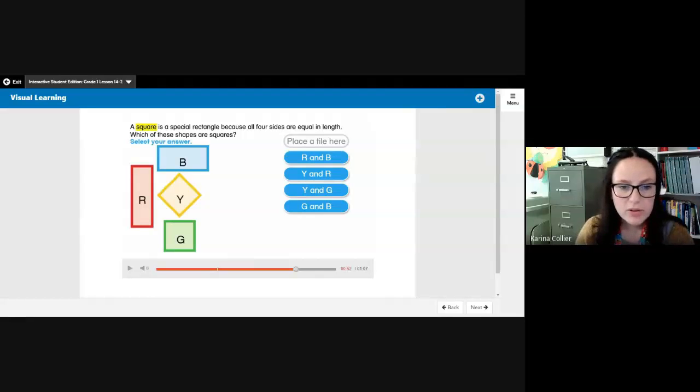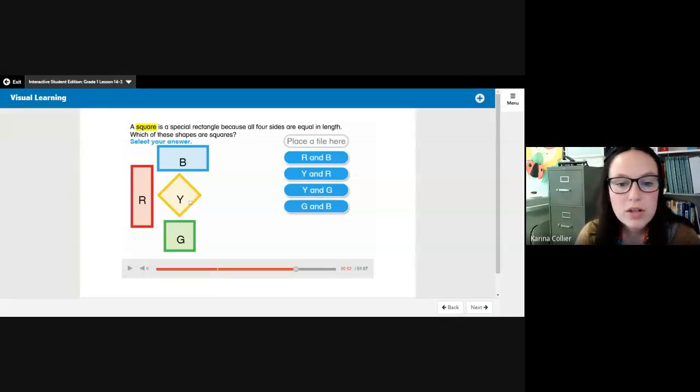All right, boys and girls, so this wants us to figure out which of these shapes are squares. So if you look at our answer choices over here, we see that there are 2 letters for each answer. Those letters come from our shapes over here. So we have a B, an R, a Y, and a G to represent each of those shapes.